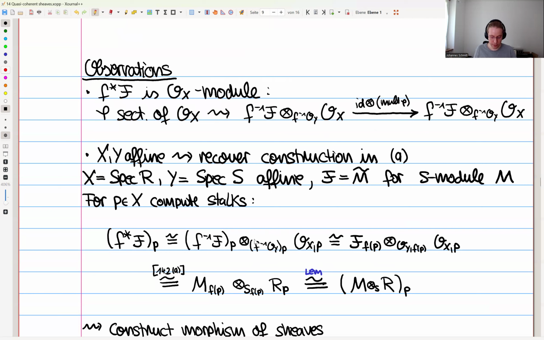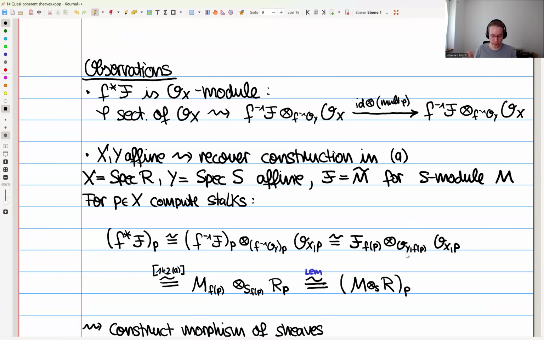And similarly, if you apply the same thing here, we just see this stalk here is the stalk of O_Y at the point f(P). And then finally, this thing we don't need to change. It's already nice. And now this was fully general. This works always. We didn't use that these are affine so far.